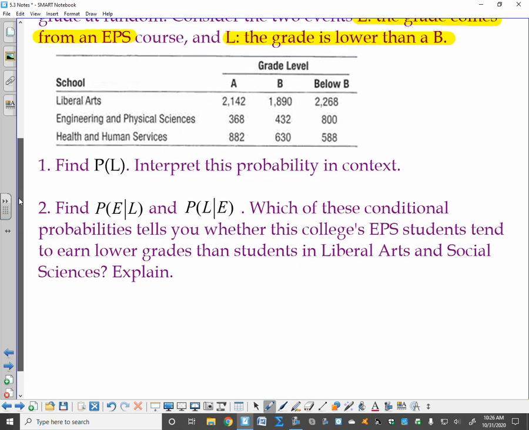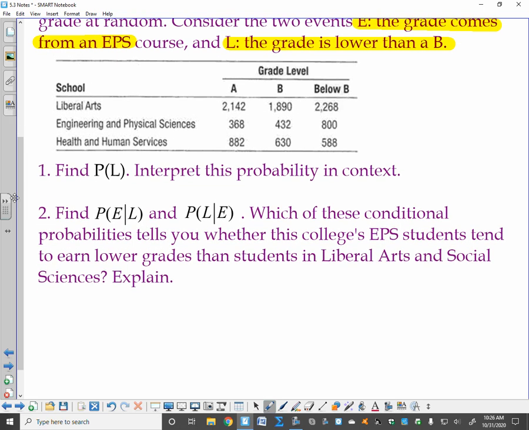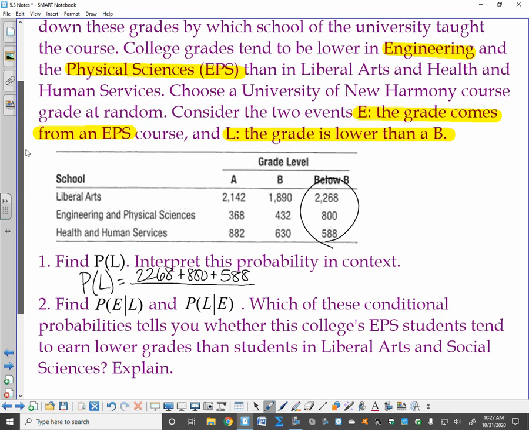Okay, so the probability of L, the grade is lower than a B. Okay, now we have to show our work here. So the probability of L, grade is lower than a B. Those are these guys: 2268 plus 800 plus 588 over, I think they said we had 10,000 grades.